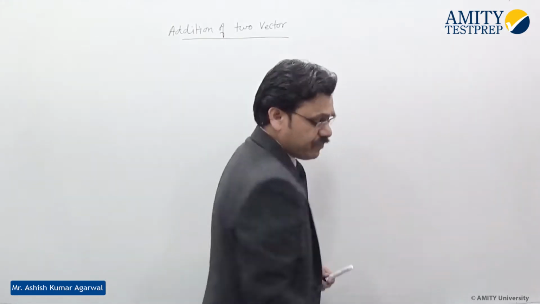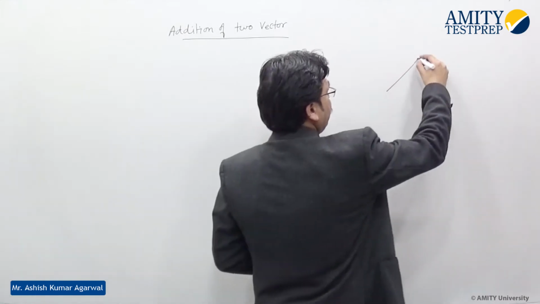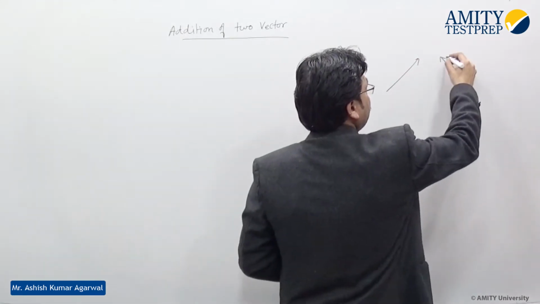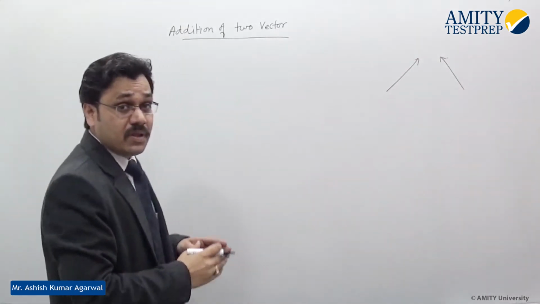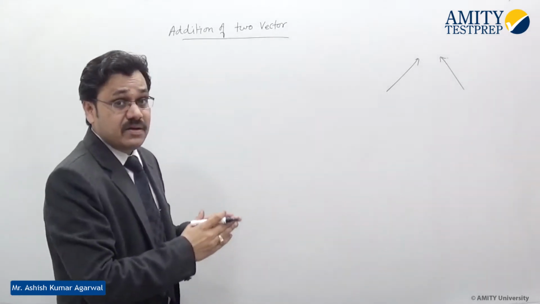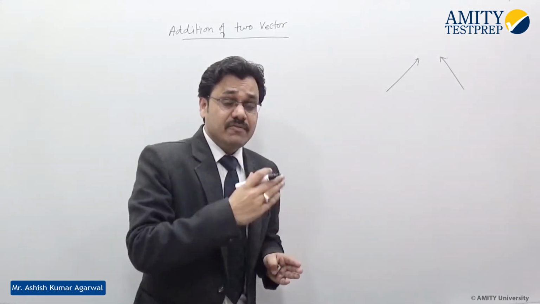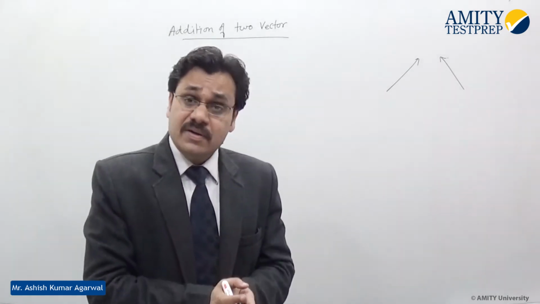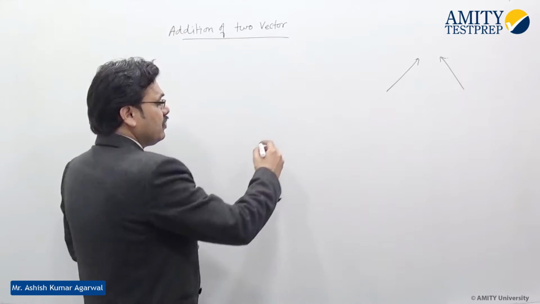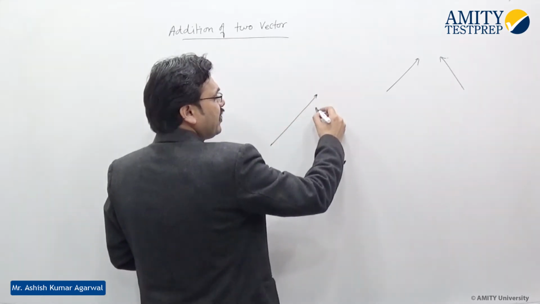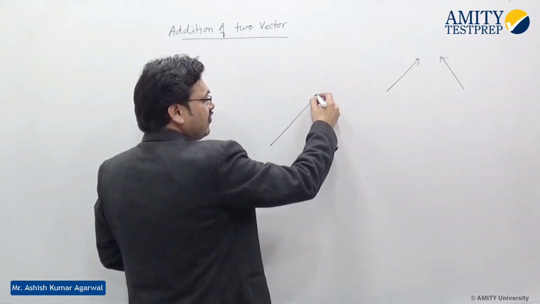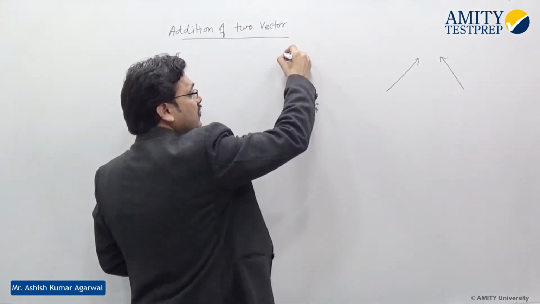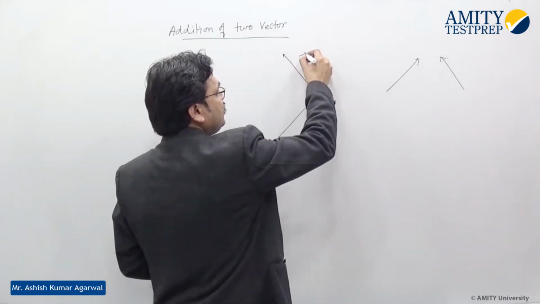Suppose I'm just taking two vectors, one here, another one here. You have to represent these two vectors by two sides of a triangle. So you make one vector A and then start the second one with the head of the first one. This is B. Suppose these are two vectors.